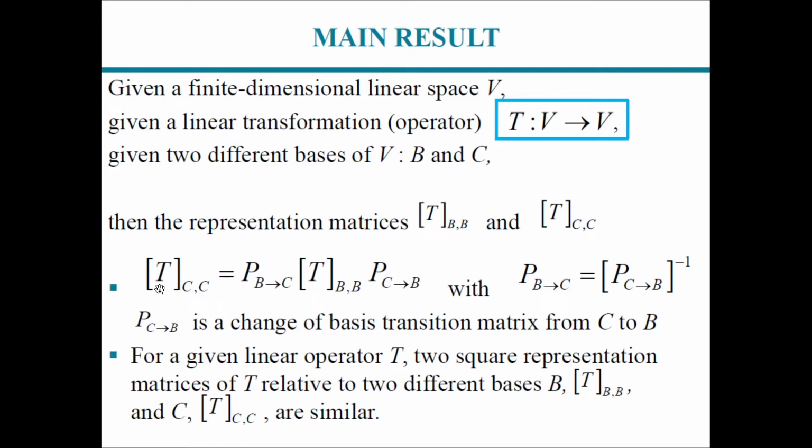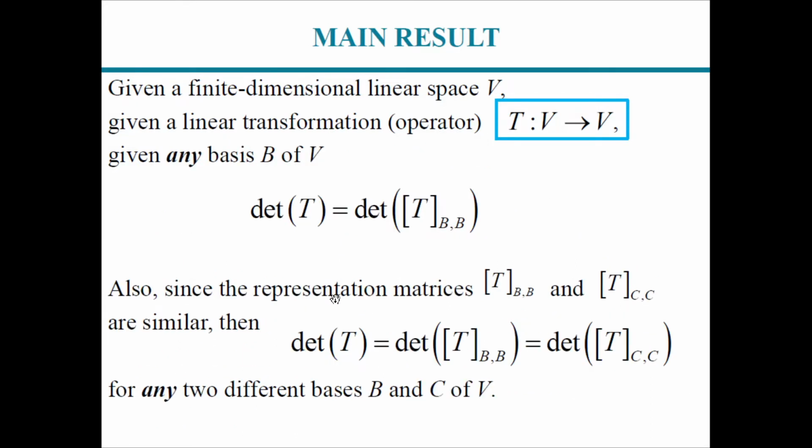So that's why the determinant of TCC is the same as the determinant of TBB. Simple. So that's an interesting property. So the determinant of a linear operator, so from V to V, is equal to the determinant of a representation matrix in any chosen basis.